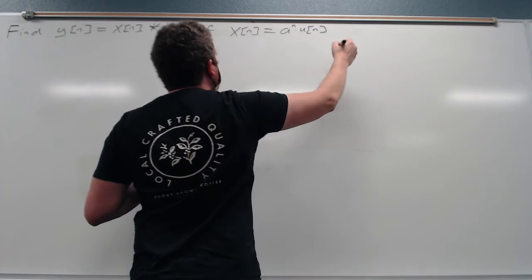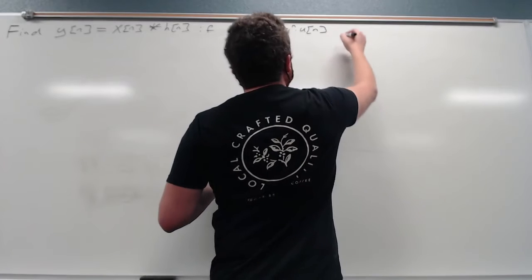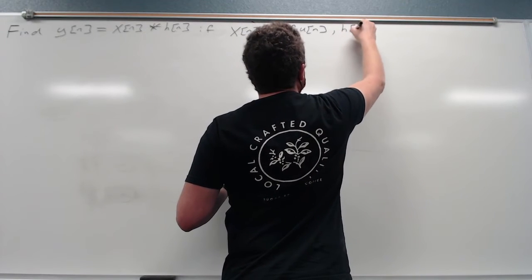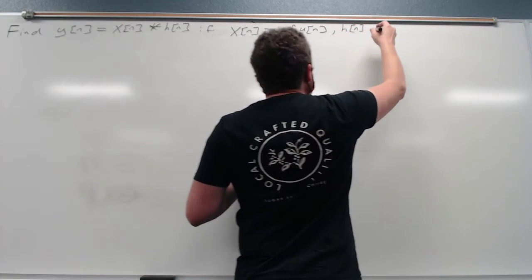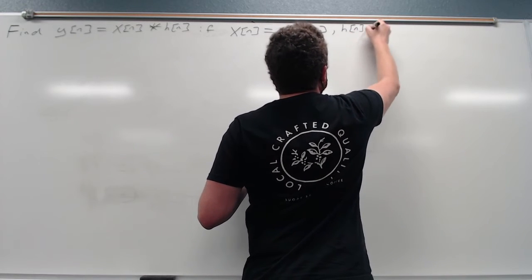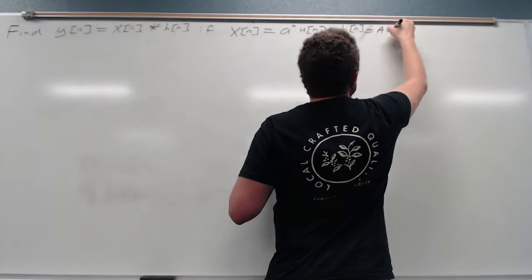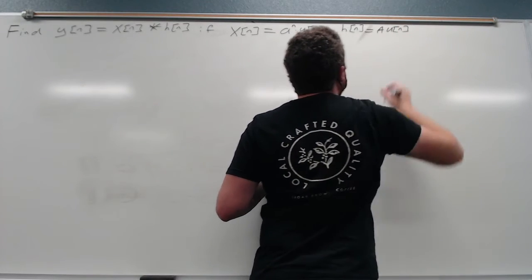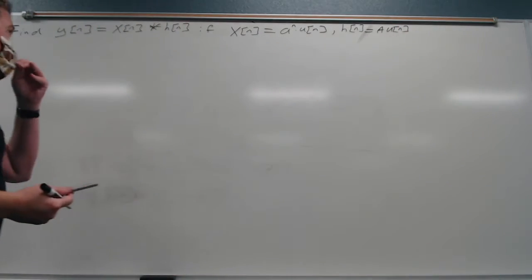All right, this is one we've seen a whole bunch, so it's just some exponential. And h of n is equal to another constant, just A, capital A, times u of n.